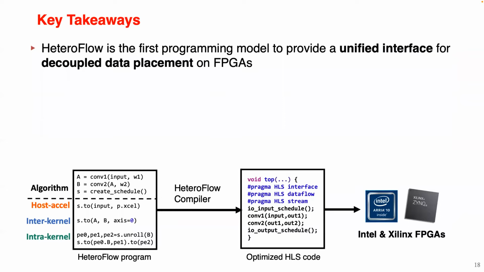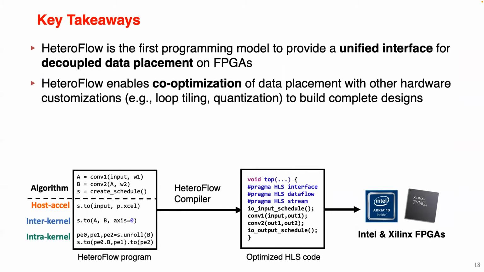The key takeaways: HeteroFlow is the first programming framework to provide a unified interface for decoupled data placement on FPGAs. HeteroFlow also enables the co-optimization of data placement with other hardware customizations like tiling or quantization, which makes it much easier and more productive for you to build complete designs.